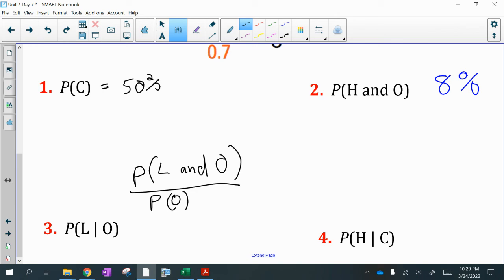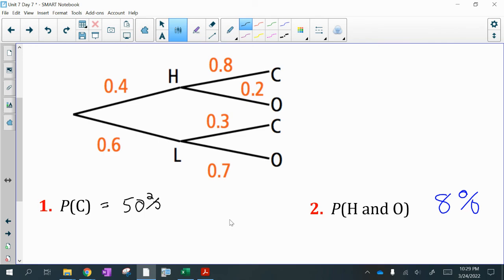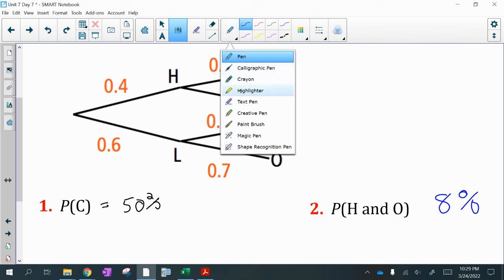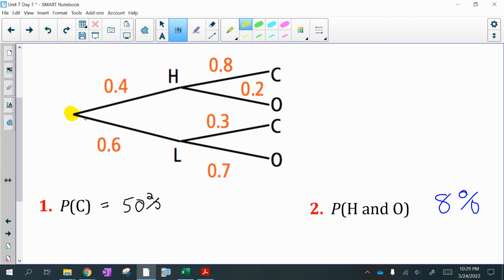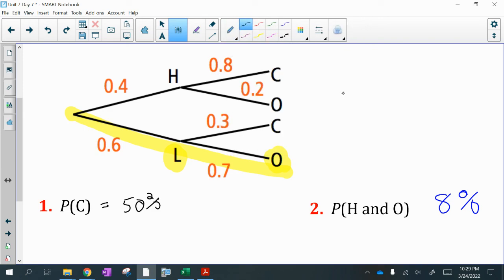What is going to be my probability of L and O? Well, let's scroll back up. L and O would be following along this path in here. That way I get both the L and the O, and that probability ends up being 0.6 times 0.7, which is going to be 0.42.